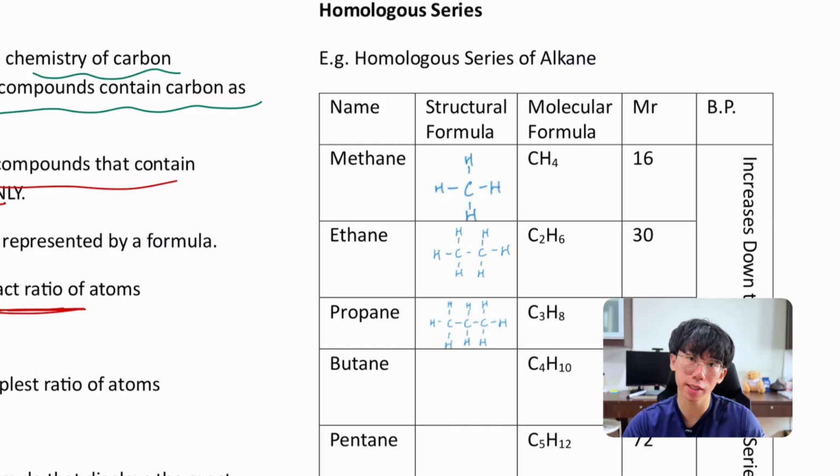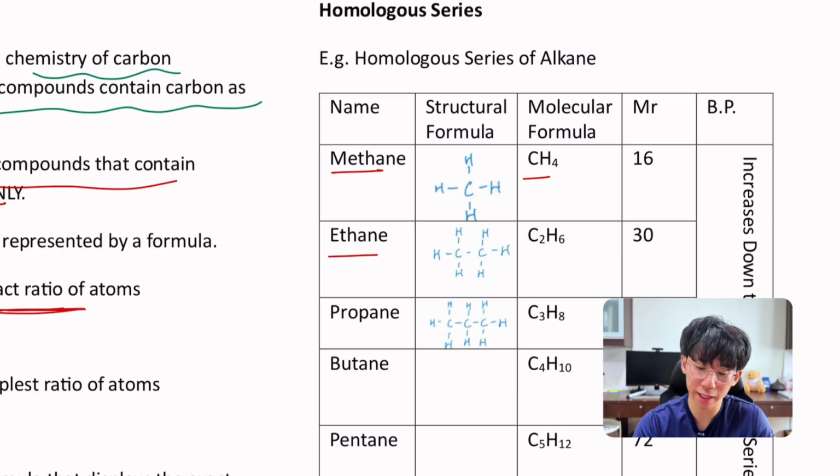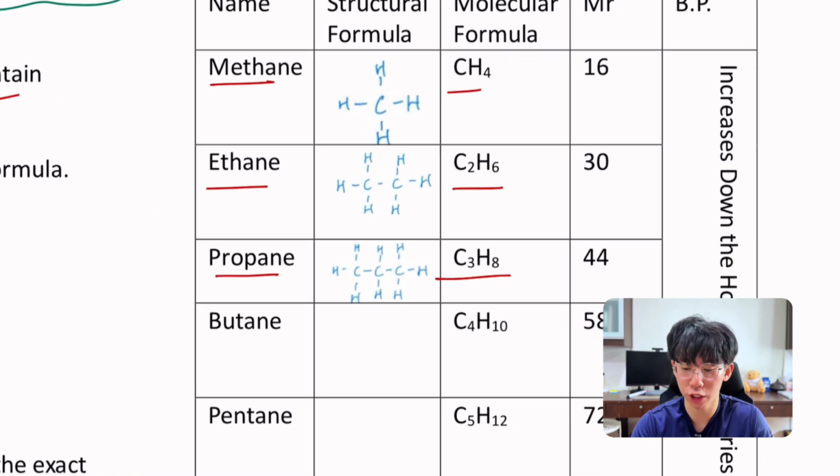If we take a homologous series of alkanes, for example, we have methane all the way at the front with a molecular formula of CH4 and the following structural formula. Next, we have ethane with a formula of C2H6, and next we have propane with a formula of C3H8. If you see, there is a pattern in this structural formula where you're always just adding a CH2 unit.